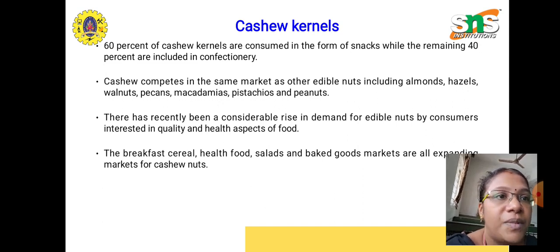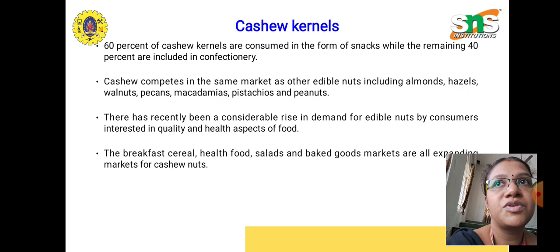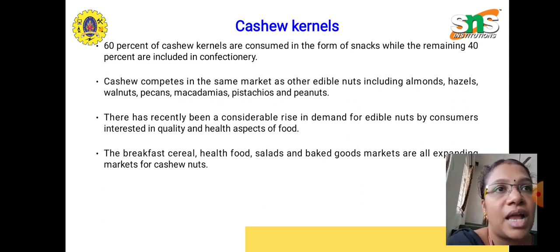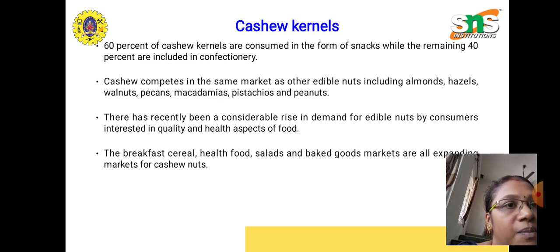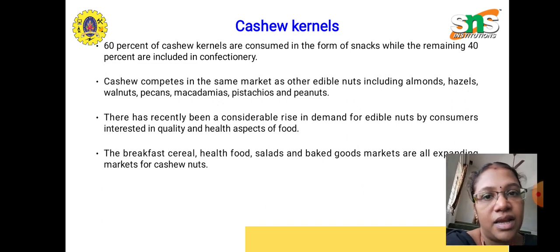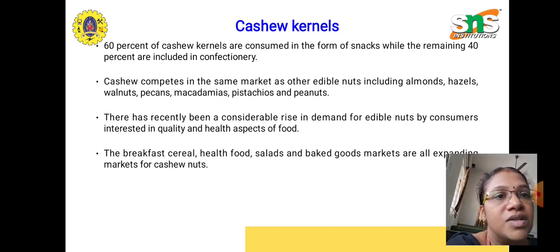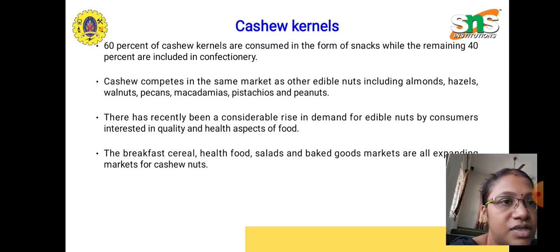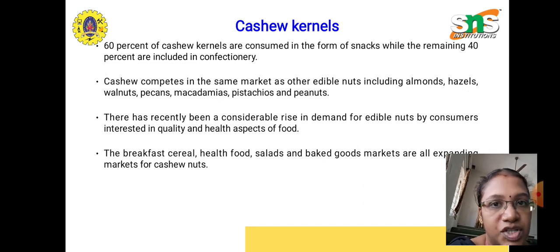So they are adopting edible nuts, which can be prepared in a shorter time and made into edible form. They prefer them for breakfast cereal also. Health food, salads and baked goods markets are also expanding based on these cashew nuts.